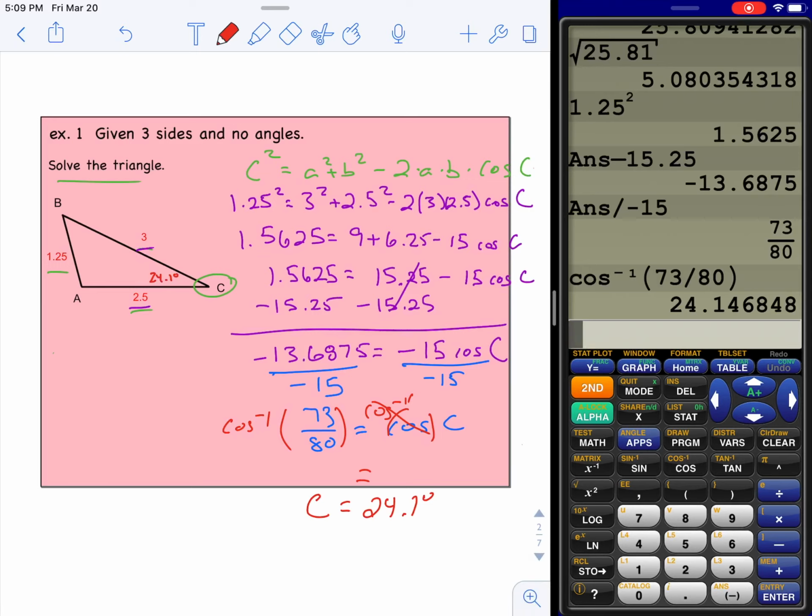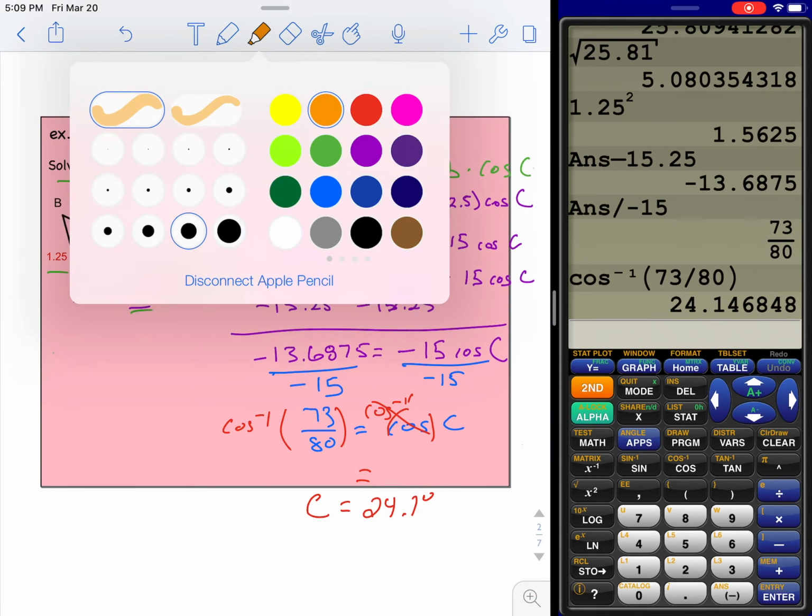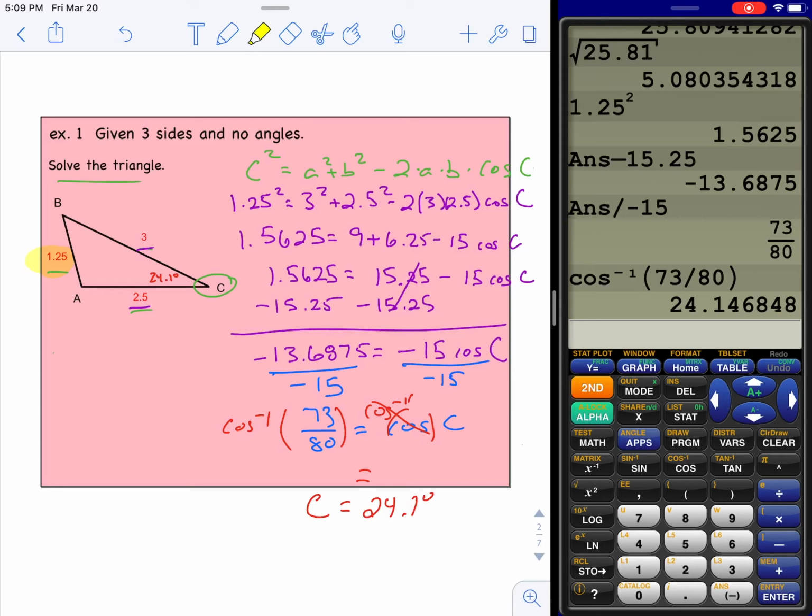All right, so now that I have that angle, I have one of those matching pairs that I'm looking for. I have both angle C and side C. Now I can go back to the law of sines, because the law of cosines is just a lot more calculations. And I will use the law of sines to find both angle B and angle A. So let's set this up.